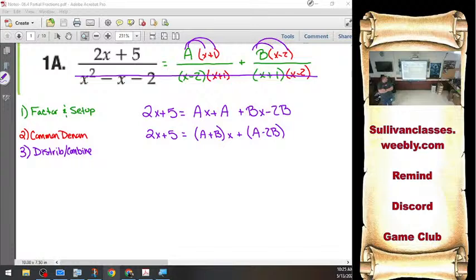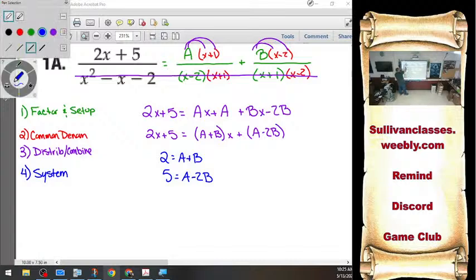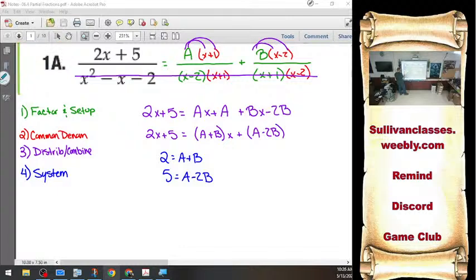Okay. Get your common denominators. Distribute, combine like terms. Now you get to match stuff and make a system. We have 2 is a plus b. We have 5 matches with a minus 2b. Solve your system.